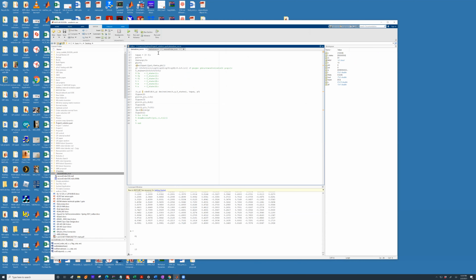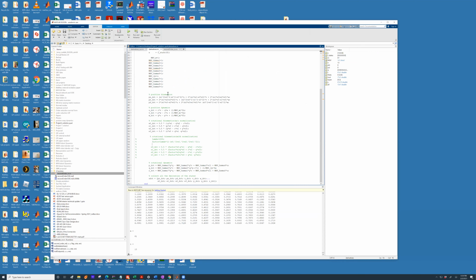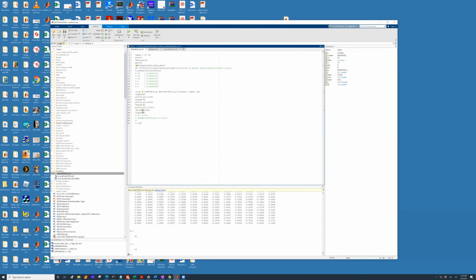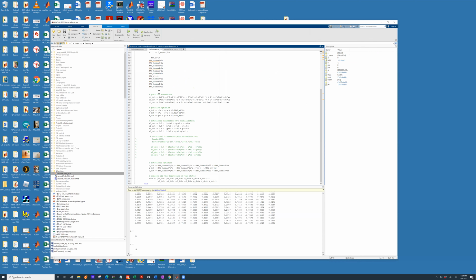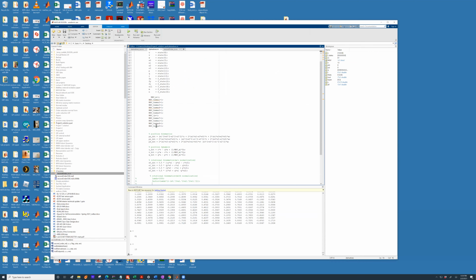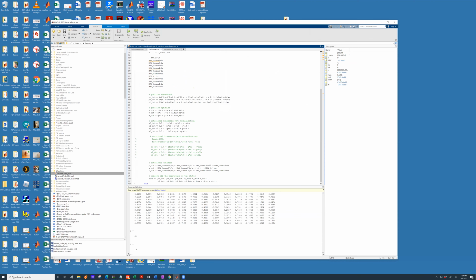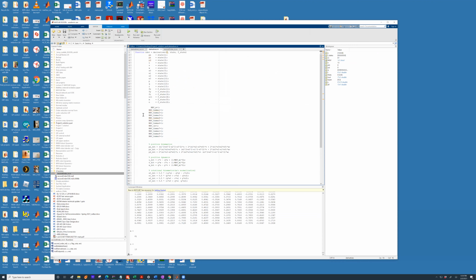Line 31 and 32 repeated. Okay, let me see. Where are lines 31, 32? Here? No, not here. Borna, I don't understand your question. Which lines 31 and 32 are we talking about? Line 31.